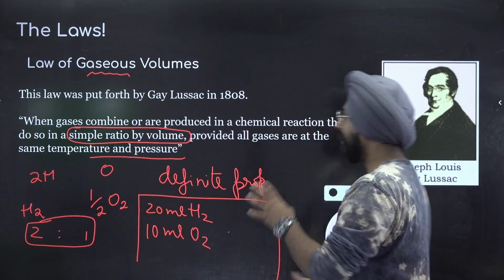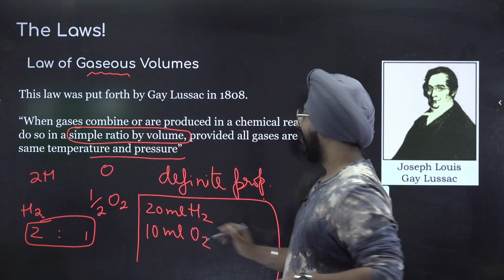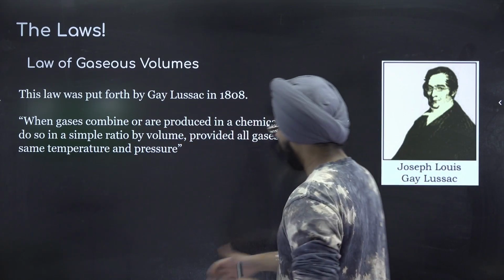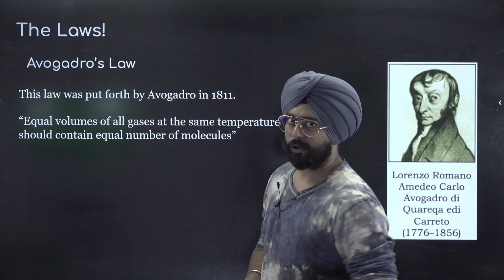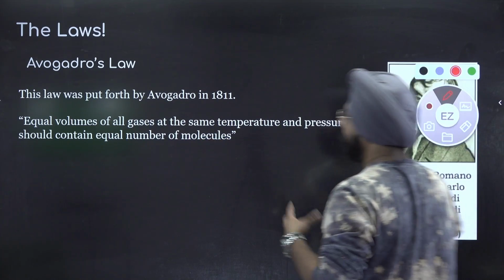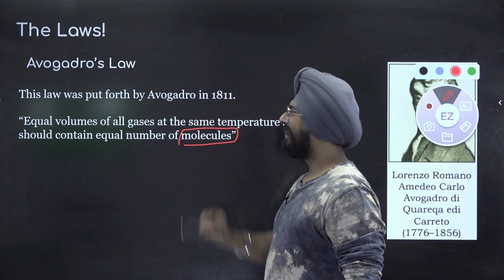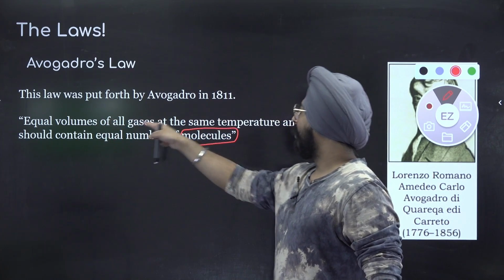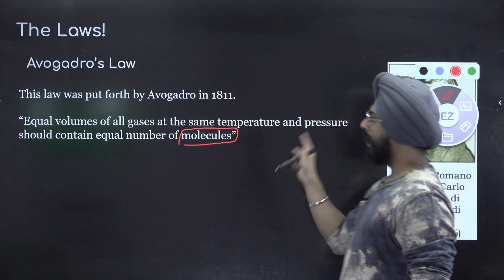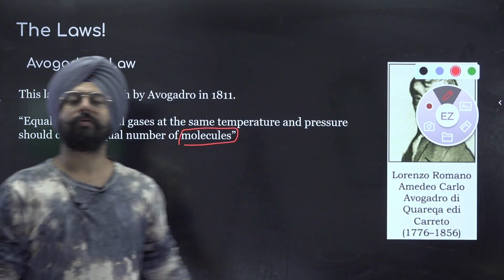But back in the day, for Gay-Lussac, this was a great observation he made. Fine. So volumes also combine in simple ratios, and Avogadro's law is what eventually points to molecules. Equal volumes of all gases at the same temperature and pressure contain equal number of molecules.